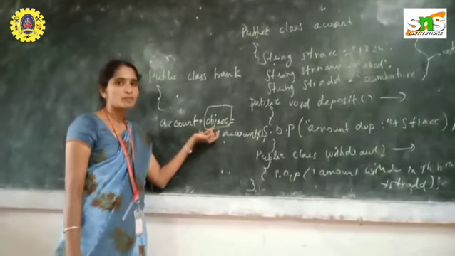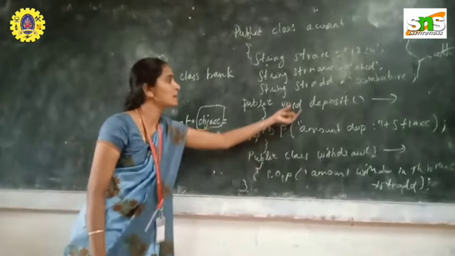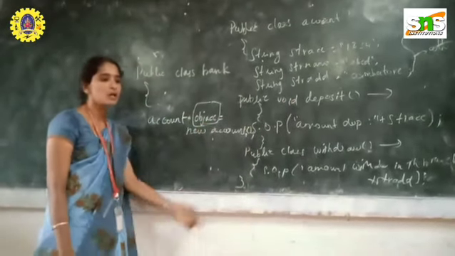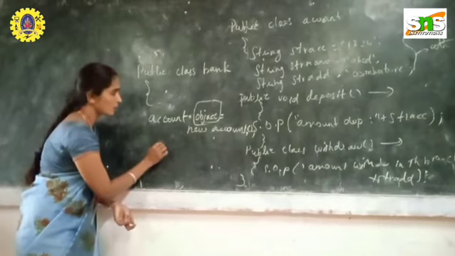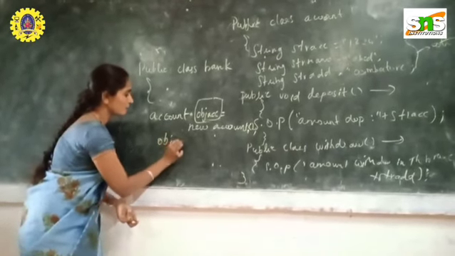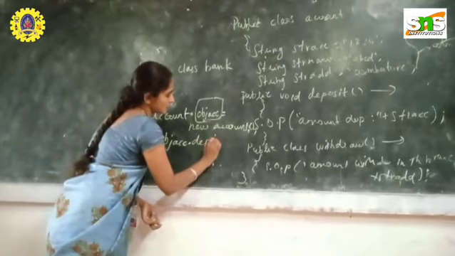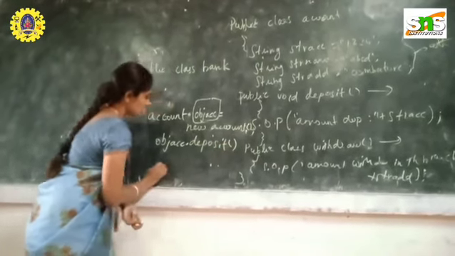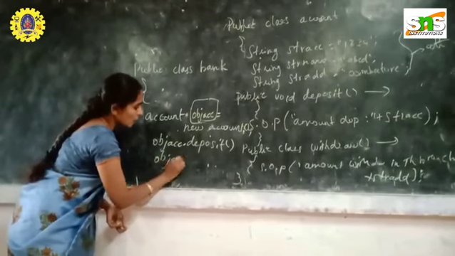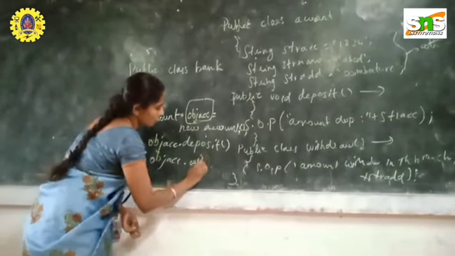Using that object I have to call my methods deposit and withdraw. How to call a method: object name dot method name. So deposit, and the next, object account dot withdraw.